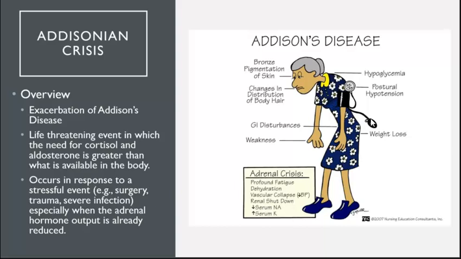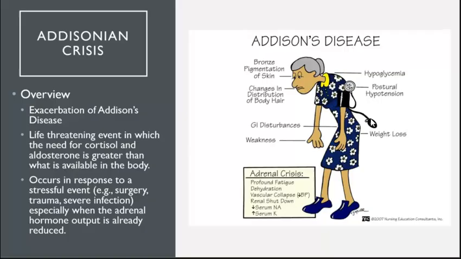Anytime our body is physiologically stressed out, we need more steroids to keep it going. These patients do not have steroids to keep them going, so they have to take it orally or IV or IM to keep them going. So for life-threatening events in which the need for cortisol and aldosterone is greater than what is available to the body, they need to be well aware of emergency protocol.